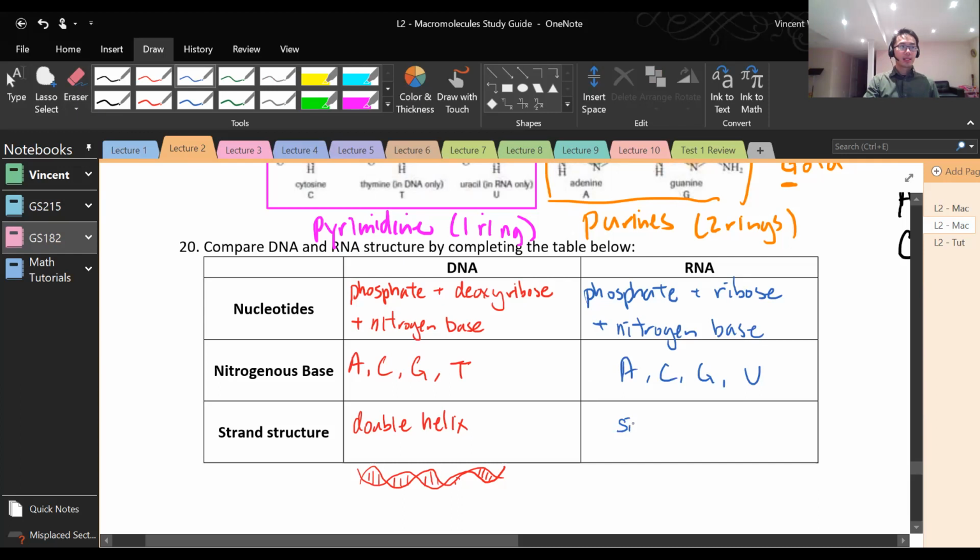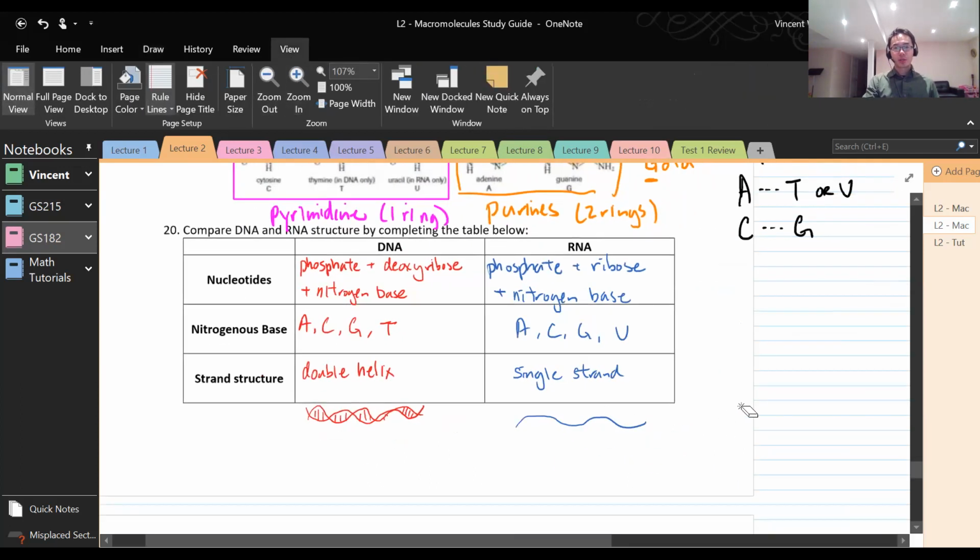And it's usually single strand. It's possible for the single strand to fold up on itself to form various structures. Okay, so this is something called tRNA. The RNA would fold up on itself and it's able to form bonds with itself. So we'll talk more about these things later on.